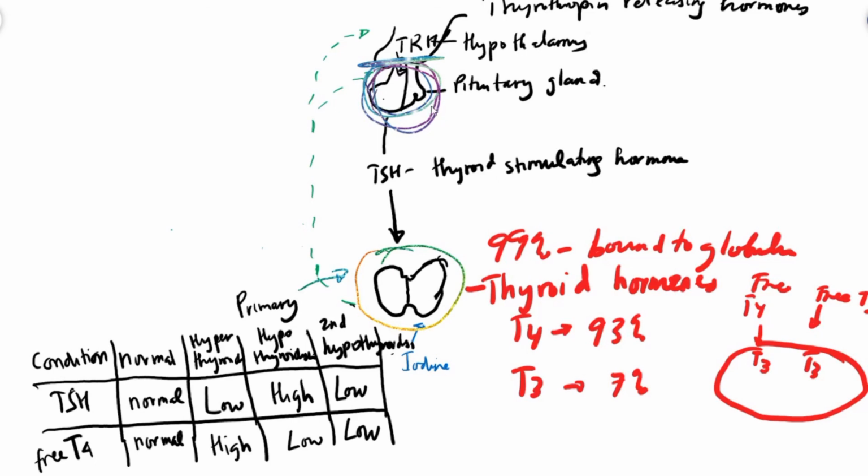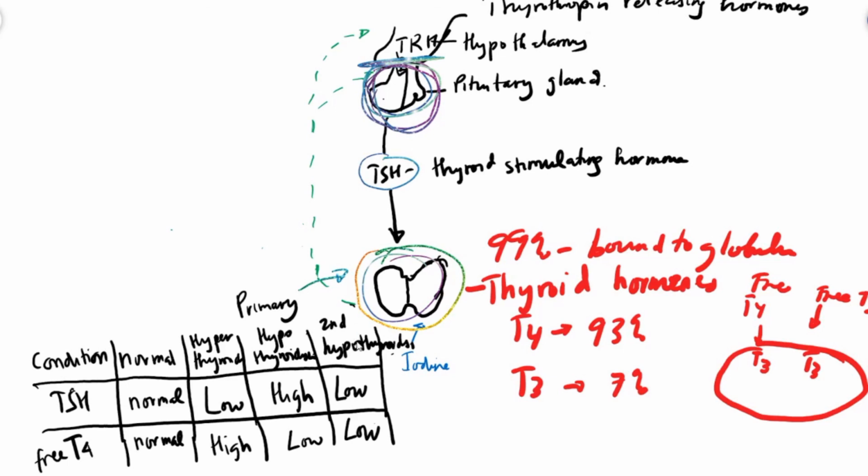Okay, so let's go back to secondary hypothyroidism. The problem is not because of an unresponsive or decreased response in the thyroid gland, but rather in the pituitary gland. Because it's hypothyroidism, it's a low thyroid hormone level. In primary hypothyroidism, the body will secrete more TSH.